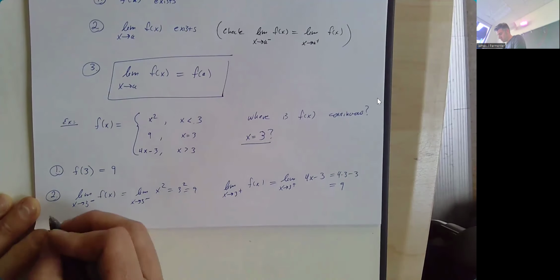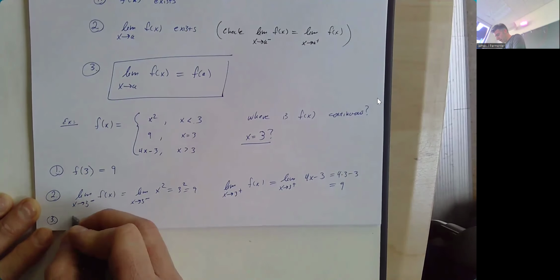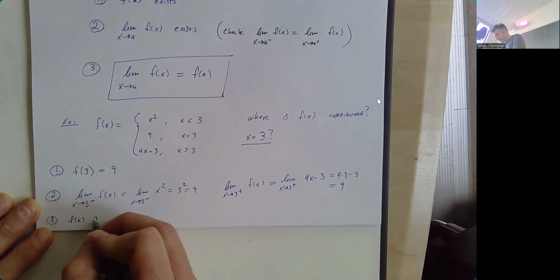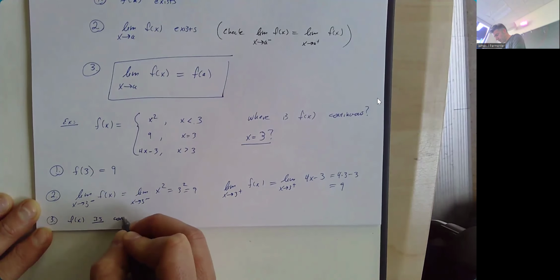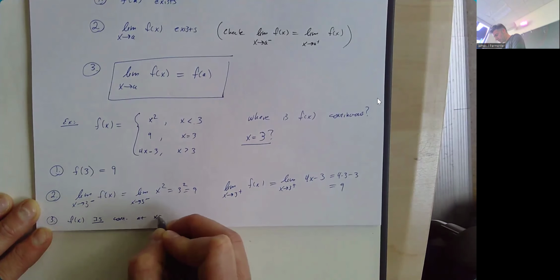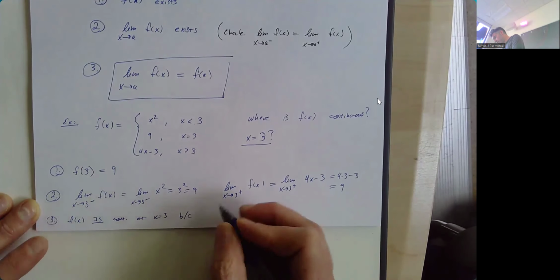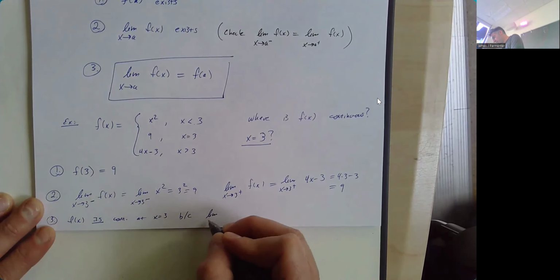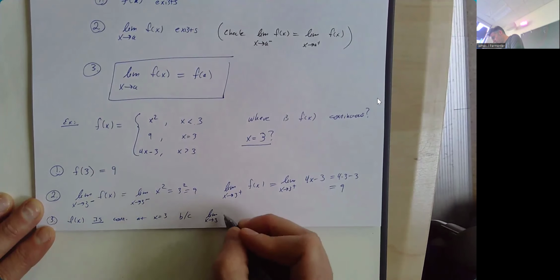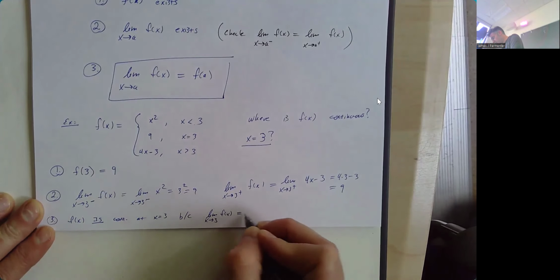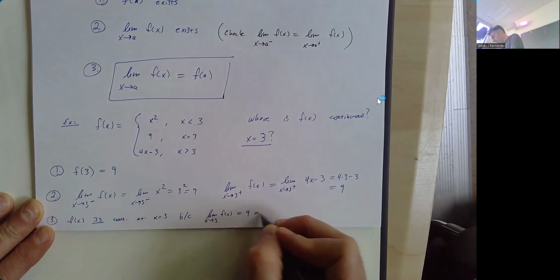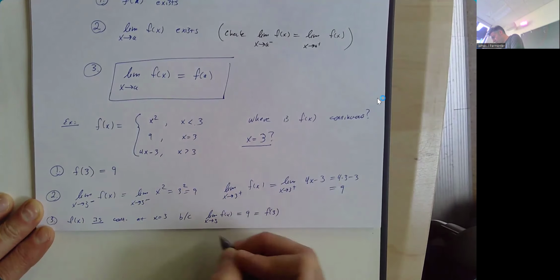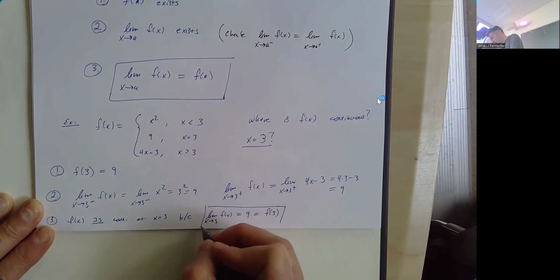So 3, I like to say f of x is continuous at x equals 3 because both the limit as x approaches 3 of f of x, which is equal to 9, and f of 3 itself are equal to the same thing.